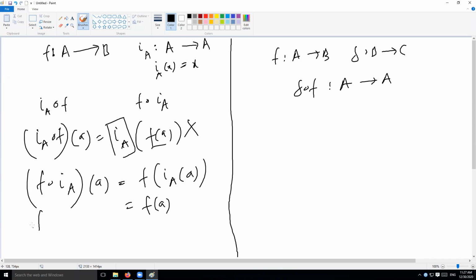So you have that f composed with identity of A operated onto a is equal to f of a for all a in A, right? What can you conclude from here?